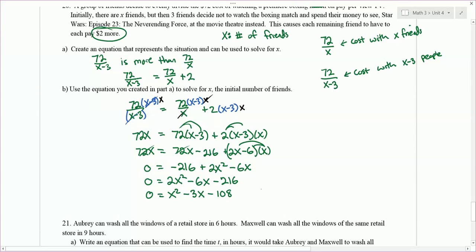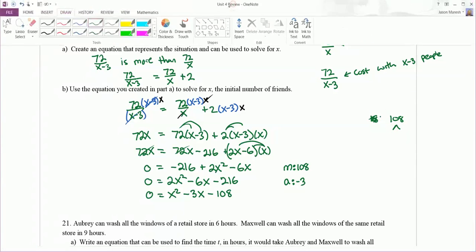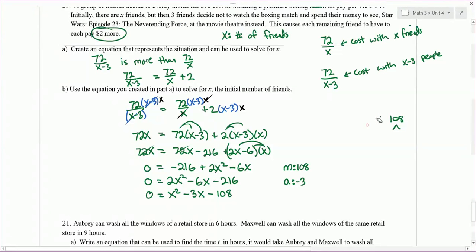And now we're factoring. Try to factor. Can we come up with two numbers that multiply to 108 and add to negative 3? So start thinking of what are my factors of 108. So 108 is even, so 2 times something, right?